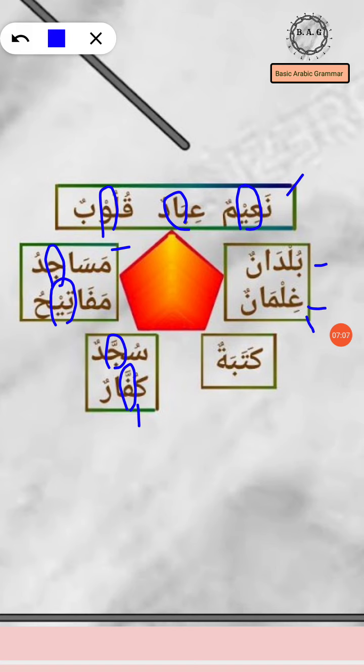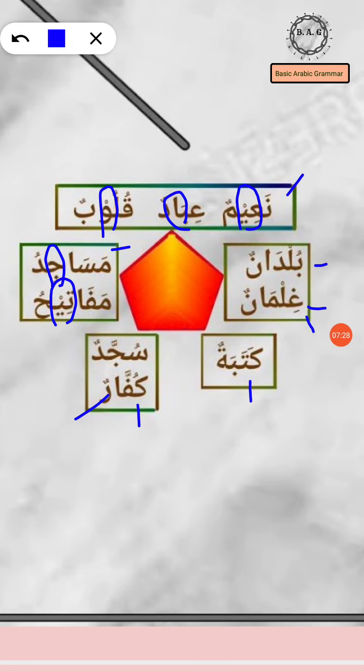All right. So we have sujjadun, those who prostrate, and kuffarun, the disbelievers. So sujjadun, kuffarun. The next and final example is katabatun, which is on the pattern of fa'alatun, and it means writers.